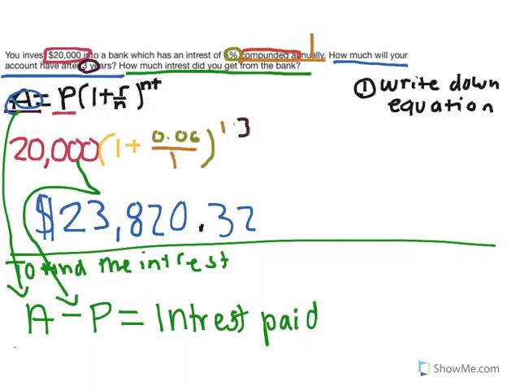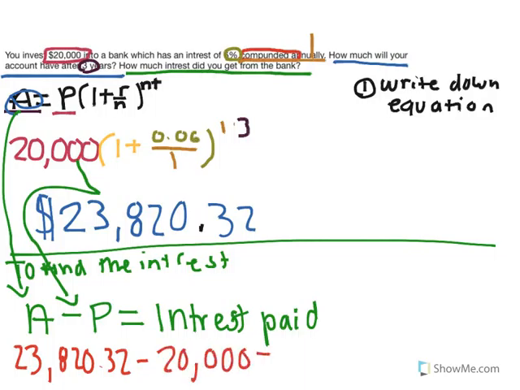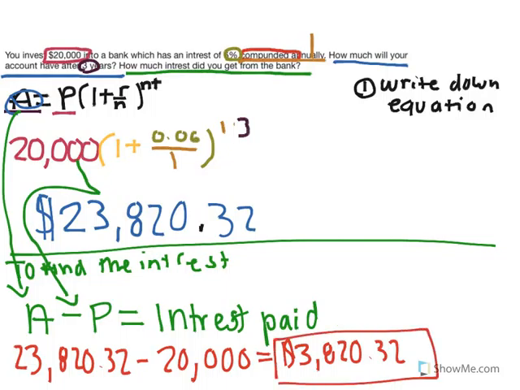So in this case, it would be 23,820.32 minus 20,000. And our interest is going to be, we were paid $3,820.32 in interest.